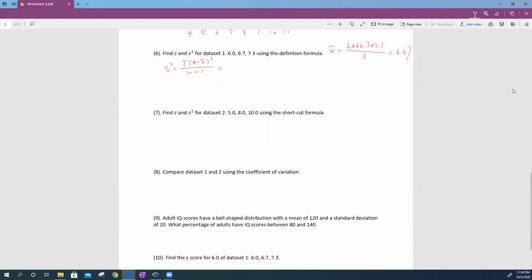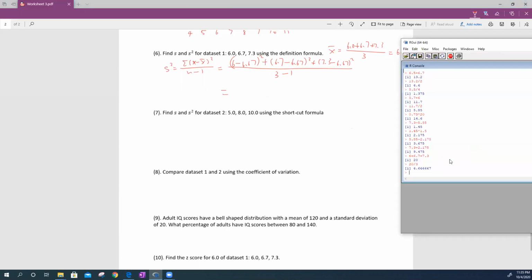That's x bar. So every single value in your data set minus the mean, squared, plus the next one. 6.7 minus 6.67 squared plus 7.3 minus 6.67 squared, over n minus 1. We have 3 numbers. So then we're going to look at what it is.